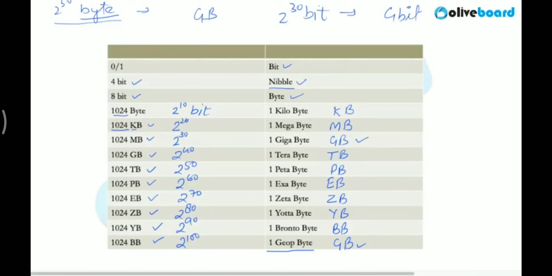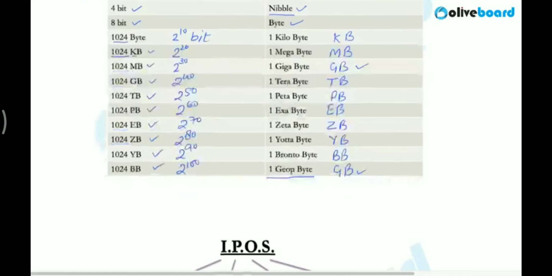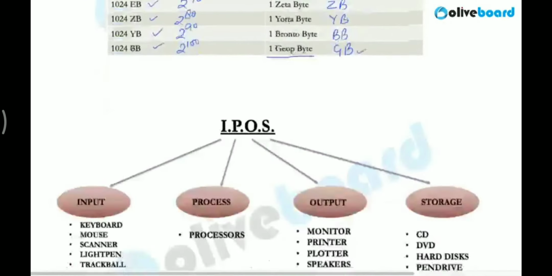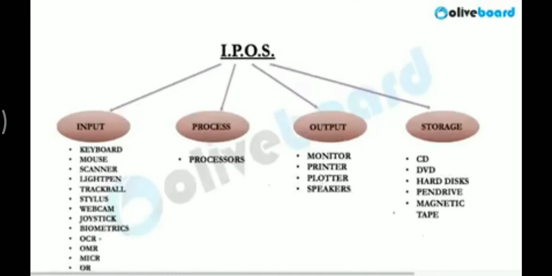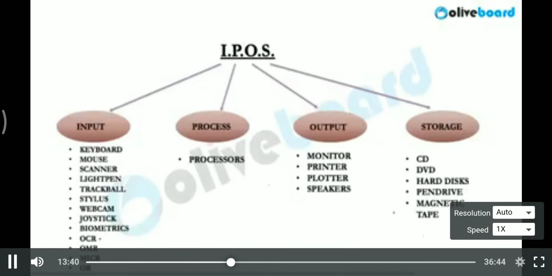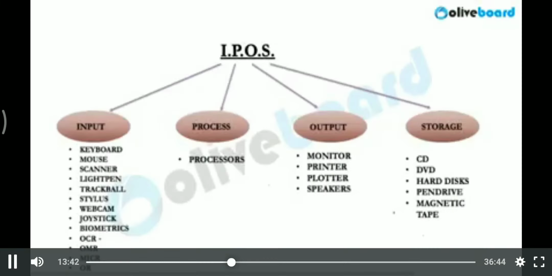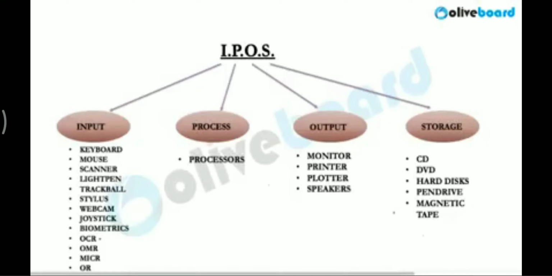Let us move forward and talk about the IPOS chart. What does IPOS actually stand for? IPOS is the input, process, output and storage chart. In it, we have different devices or components.